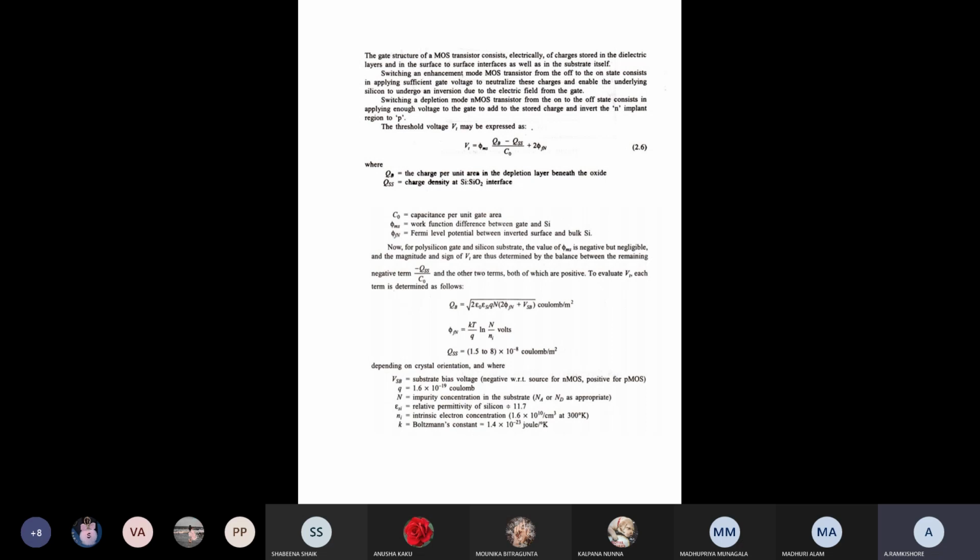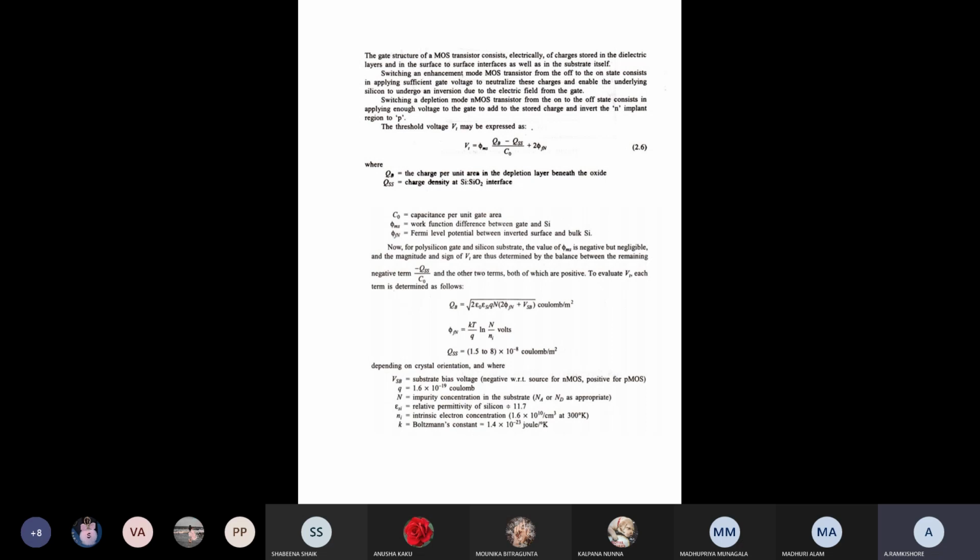Based on that, the threshold voltage may be expressed in terms of QB minus QSS by C naught, plus 2 phi. Here QB is the charge per unit area in the depletion layer in terms of the oxide thickness. In terms of values, we can take QSS equal to 1.528 into 10 to the power of minus 8 coulomb per meter square.